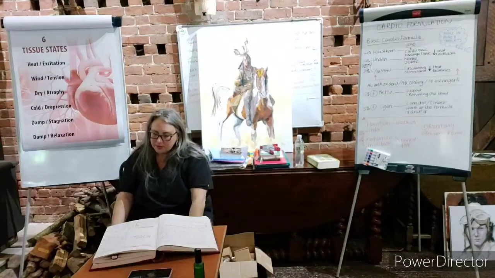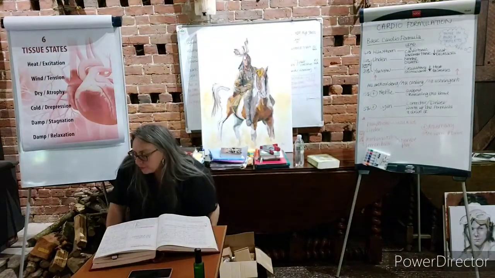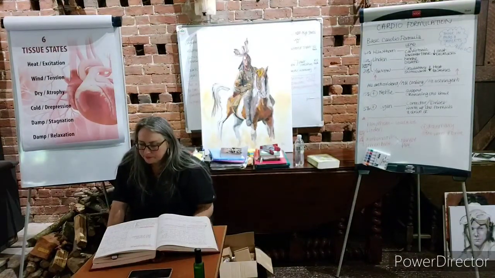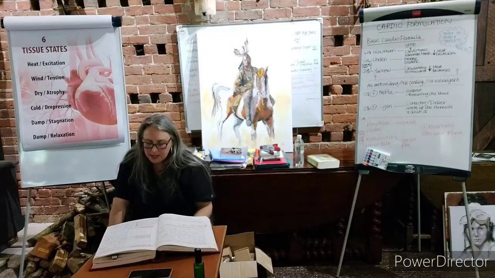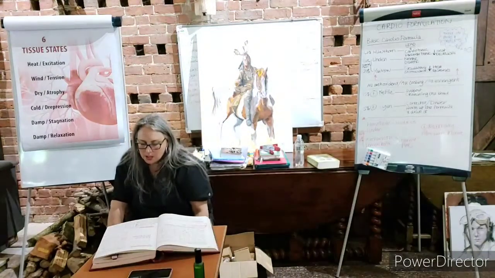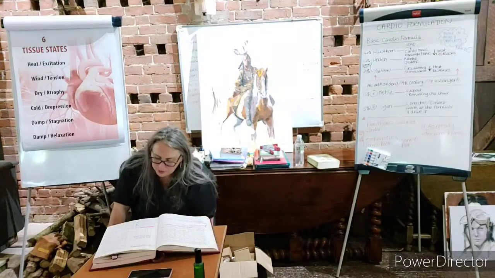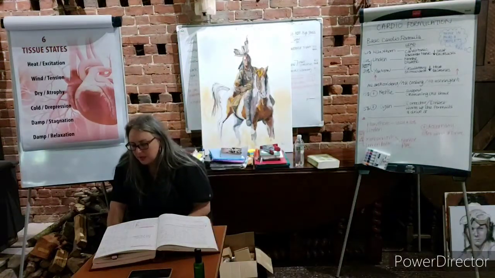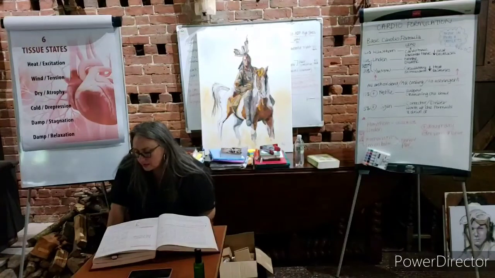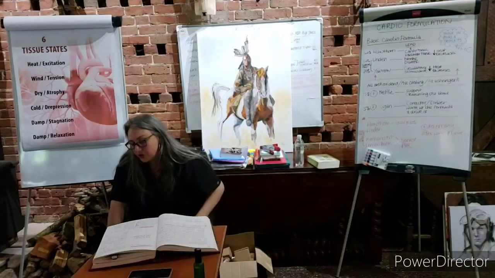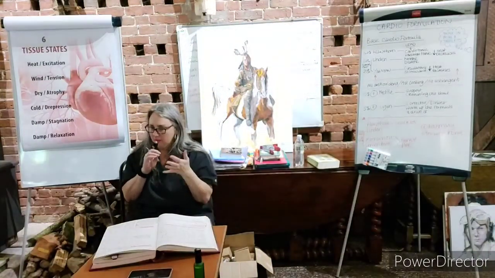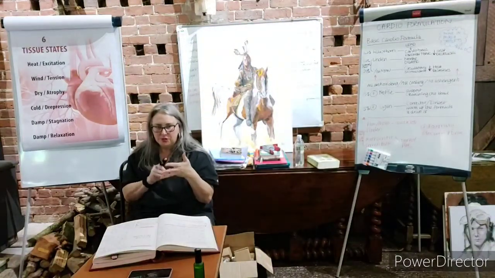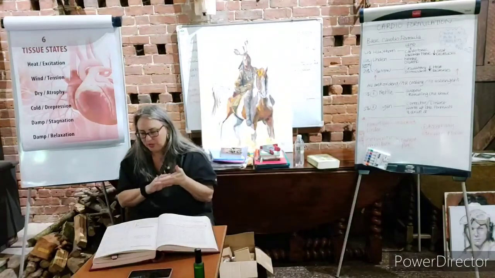Right, next tissue state is dry atrophy. With dry atrophy, you're looking at a lack of moisture and undernourished tissues which have then become weakened.